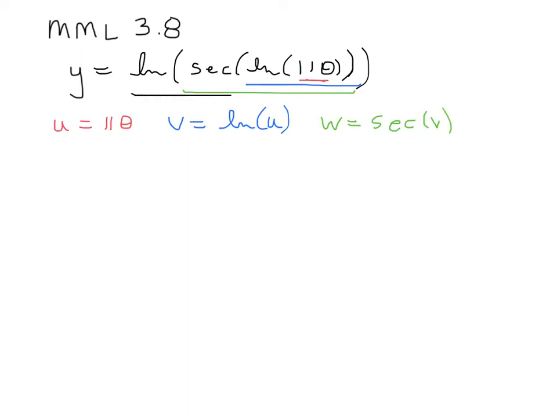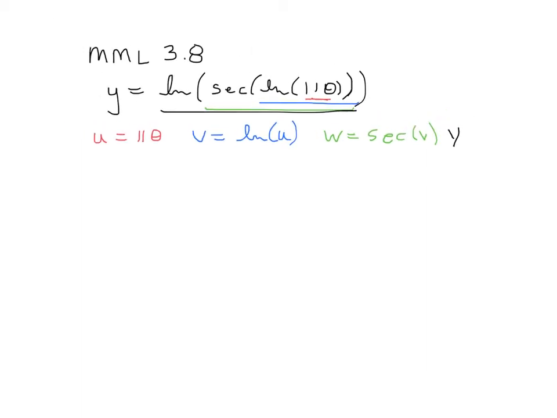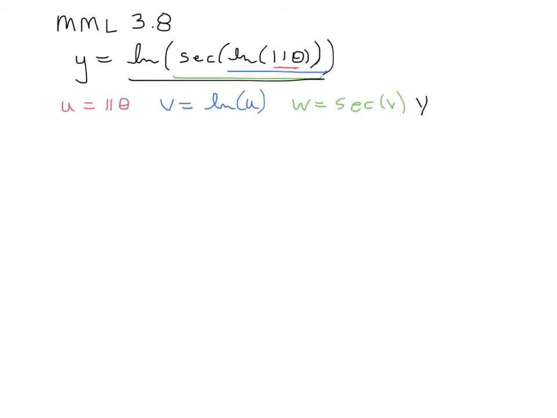And then this piece I'm going to call y. Y equals ln of w. All right, so this is how most of you would break this down. I don't do it this way, but we're going to do it this way.